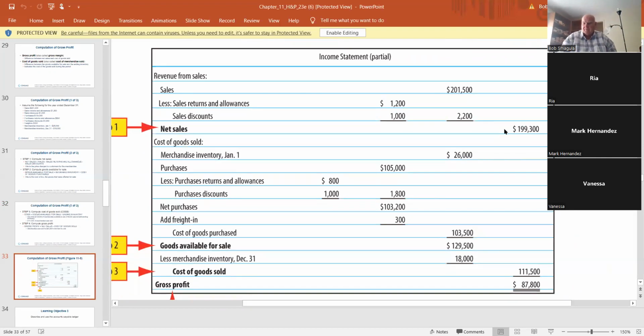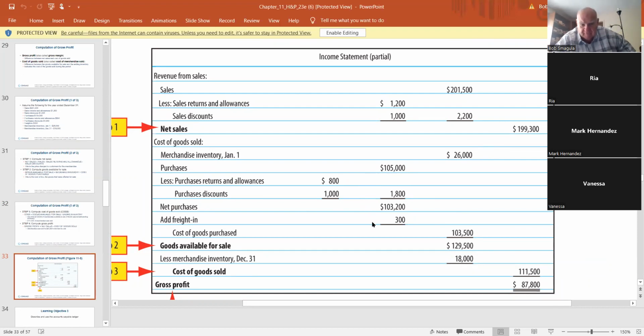That was step one. Step one, get the net sales. Step two was to get the available number. You remember that? The available number. Well, what's available? The beginning inventory plus your purchases minus any contra accounts like purchase returns and purchase discounts. Gives you something you might call net purchases.